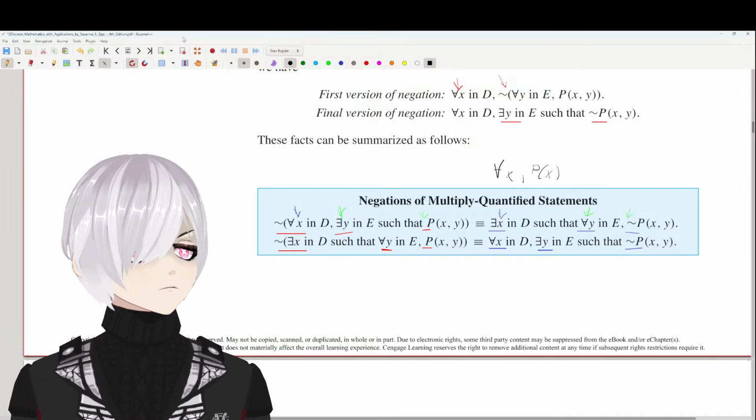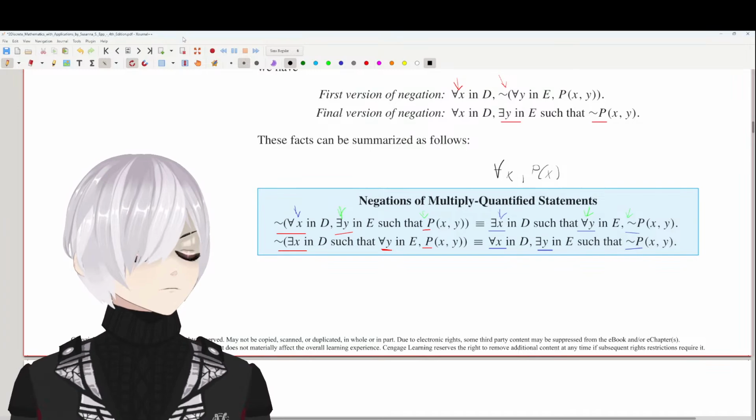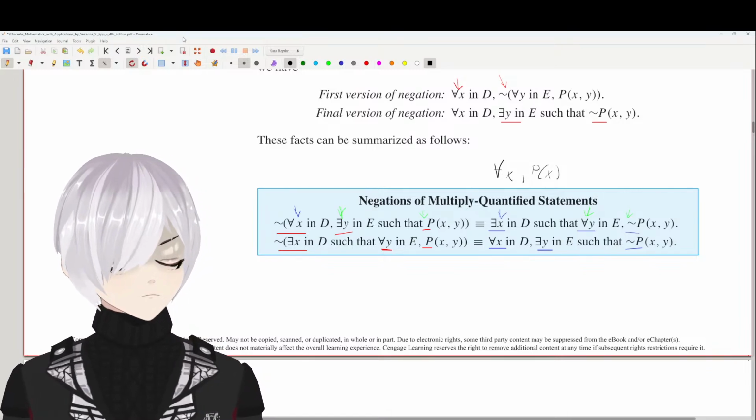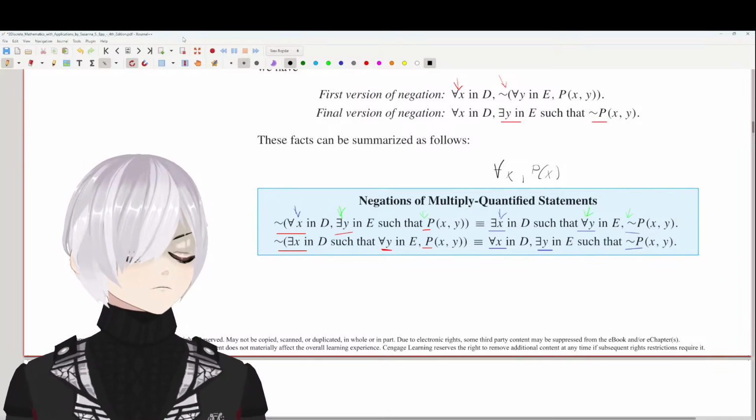Yeah, and the predicate is within the scope of the second quantifier. The scope of the first quantifier includes the whole thing, but the scope of the second quantifier includes just the stuff that comes after that quantifier. Okay. So I guess you're negating the thing that's in the scope of the second quantifier.